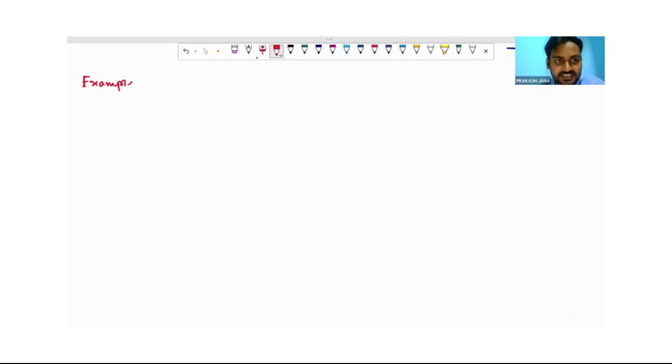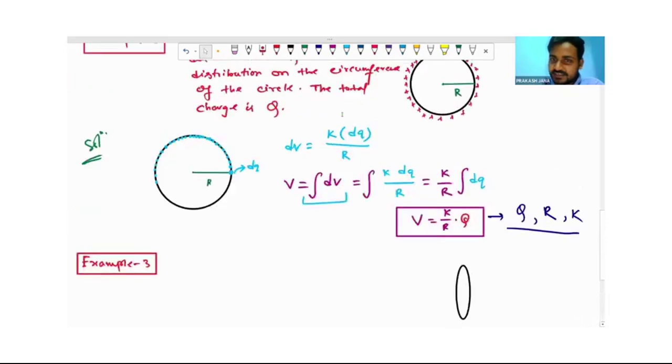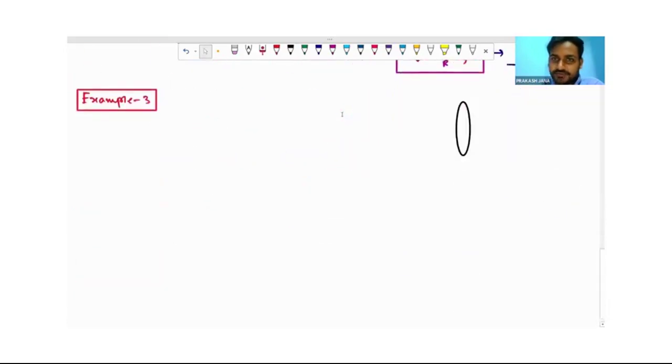Let us take one more example, that is, now we will find the electrostatic potential on the axis of a circle. The circle will look like this. This is the same circle that we just discussed, but now our point of view is different.